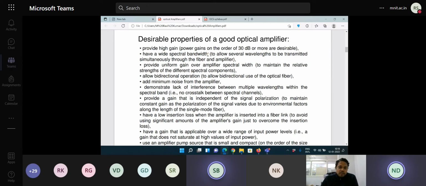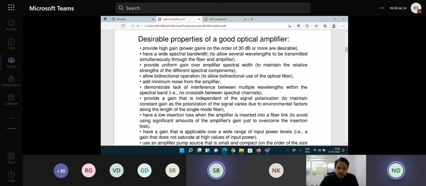If my gain is of the order of around 50 dB at 1300 nanometers, and it is say 30 dB at 1350 nanometers, then the amplification is not the same for both wavelengths. It is different, and this can cause nonlinear effects to develop in the communication link. So that is something which is undesirable.